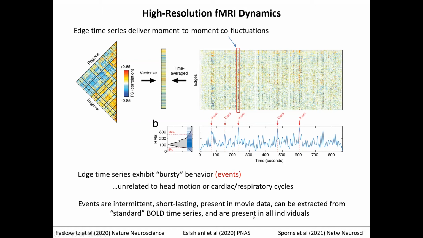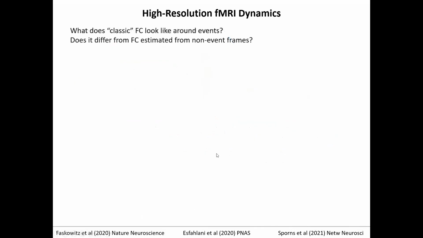This is something that is universal. I might add that we also see them in animal data. Others have seen them in animal data, and we see them even in non-fMRI, non-MRI recordings. So this is not something specific to MRI or to humans. Furthermore, as I'll show you in just a minute, we also see these in models. So stay tuned for that.